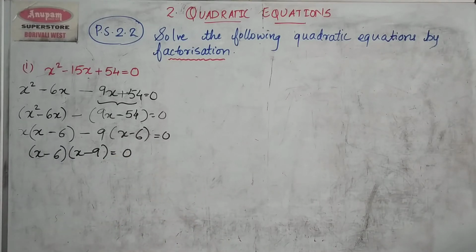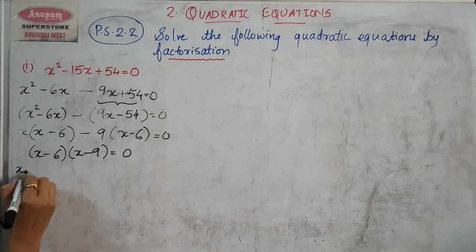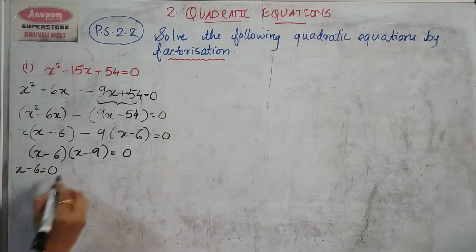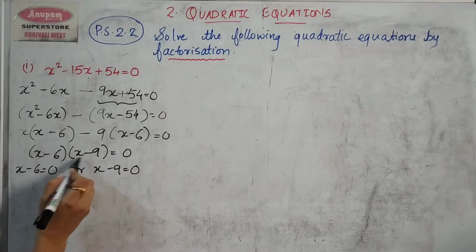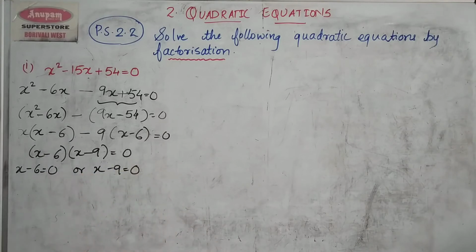Yes. So this x minus 6 will be my one bracket, and x minus 9 will be the other bracket. Now therefore this x minus 6 will be 0, or x minus 9 will be 0. When two brackets are there and they both are equal to 0, at least one is going to be equal to 0.